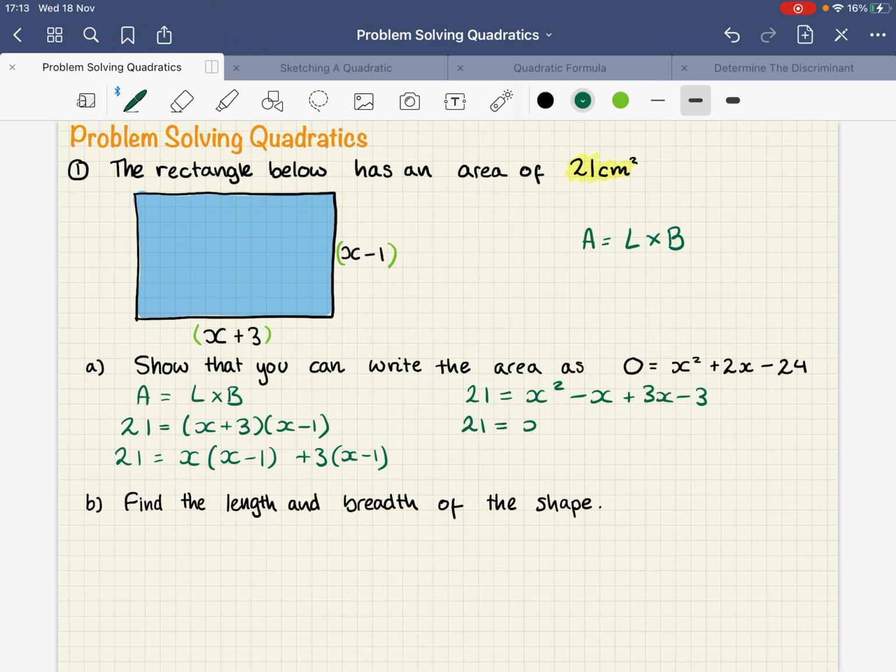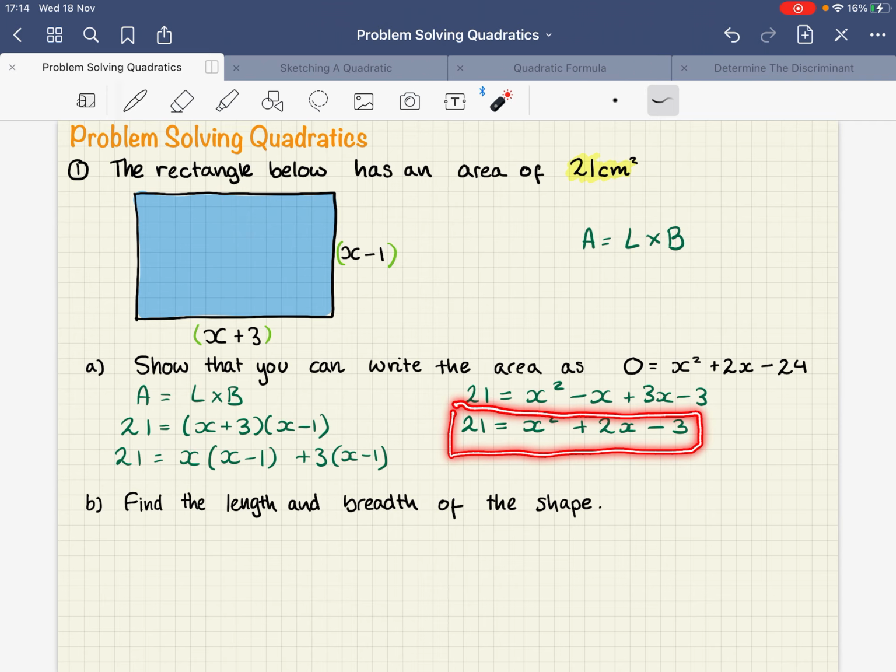So 21 equals x squared, minus x plus 3x is going to be plus 2x, minus 3. And at this point, I can see I'm getting there. So looking at that, I've got 21 equals x squared plus 2x minus 3. And my end goal is I want 0 equals x squared plus 2x minus 24. And I'm pretty much almost there.